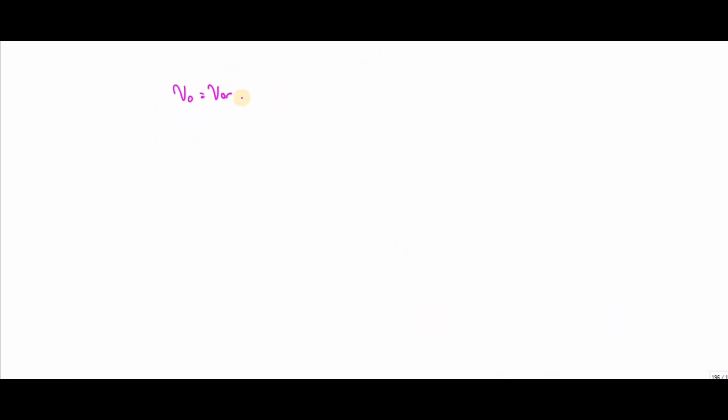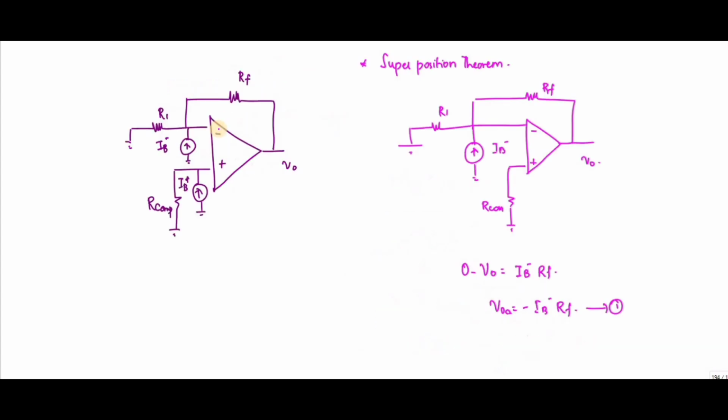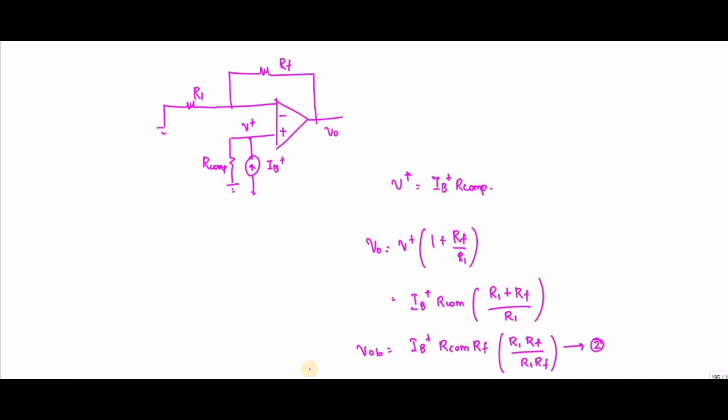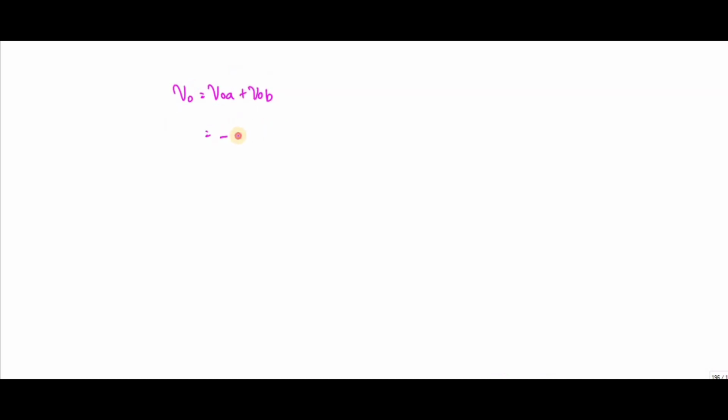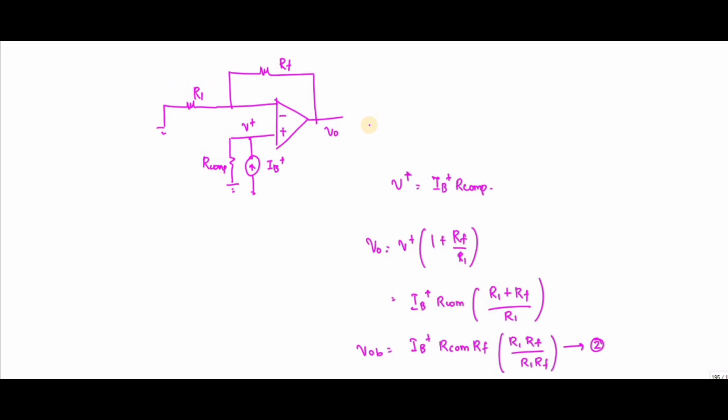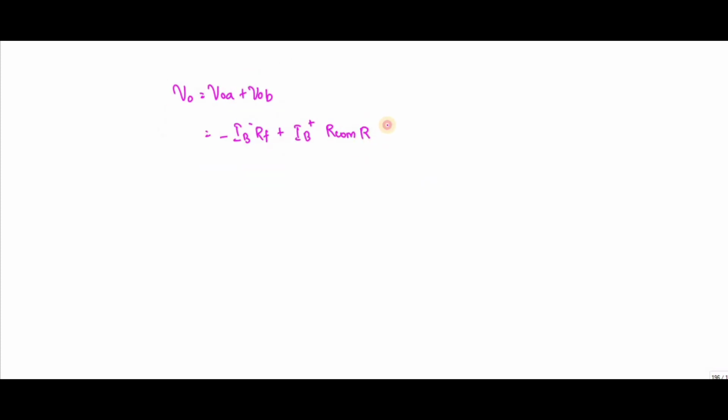So this has to be V naught of A plus V naught of B. So the equation is minus IB minus RF plus IB plus RCOM RF into R1 plus RF divided by R1 RF.